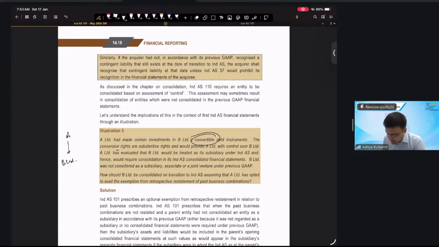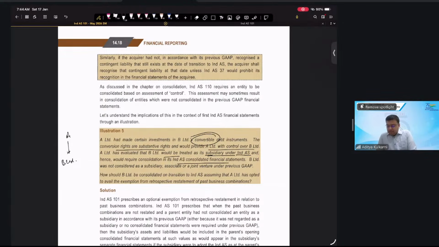These conversion rights are substantive and would provide A Limited with control over B Limited. A has evaluated that B would be treated as its subsidiary under Ind AS and hence would require consolidation in its Ind AS consolidated financial statements. Are we okay with this? Yes. B Limited was not considered as a subsidiary, associate, or a joint venture under the previous GAAP.